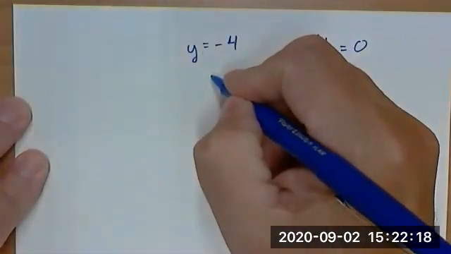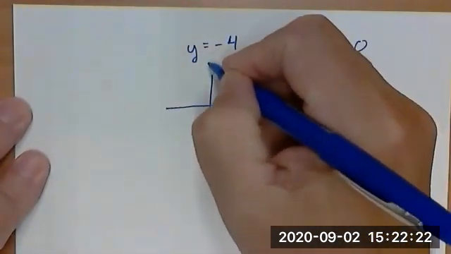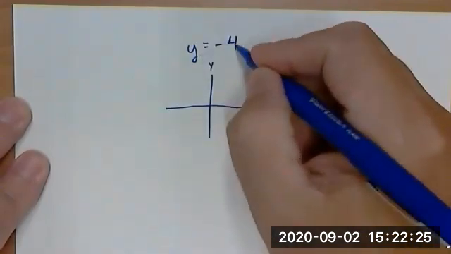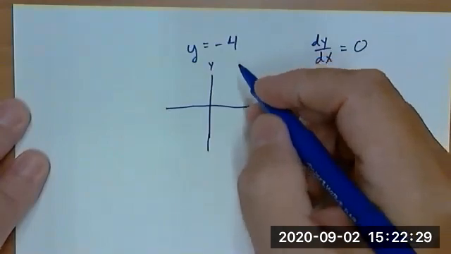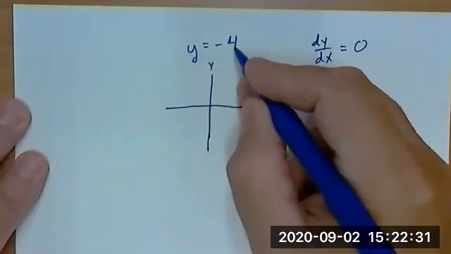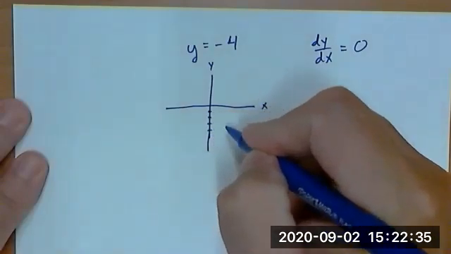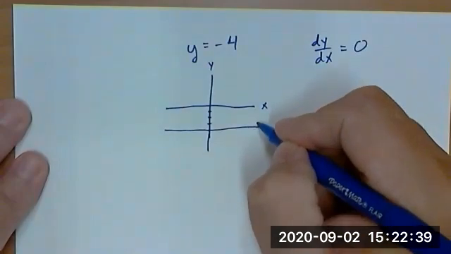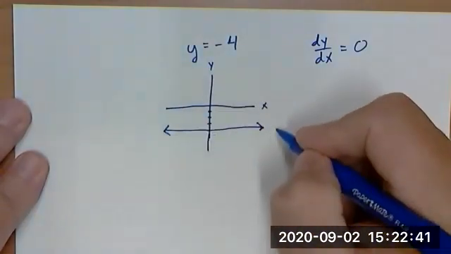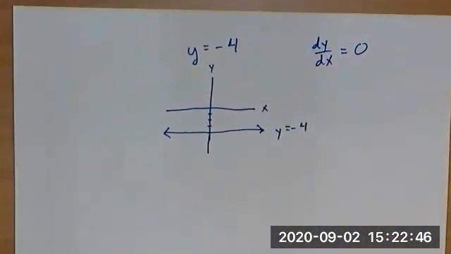Hopefully, I talked about this earlier. We're going to graph this. Y equals -4. When you have an equation like this, that means it's going to be a horizontal line, and it's going to go through y equals -4. So there's the graph of y equals -4.